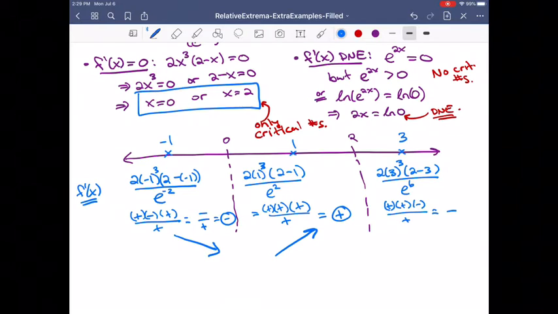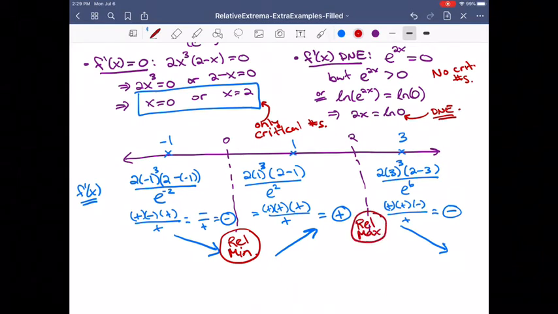So here I'm going to have a negative on top, a positive on the bottom, so I'm going to get a negative overall, and I'm going to be decreasing. So here at 0, it looks like we're going to have a relative min, and at 2, it looks like we're going to have a relative maximum.